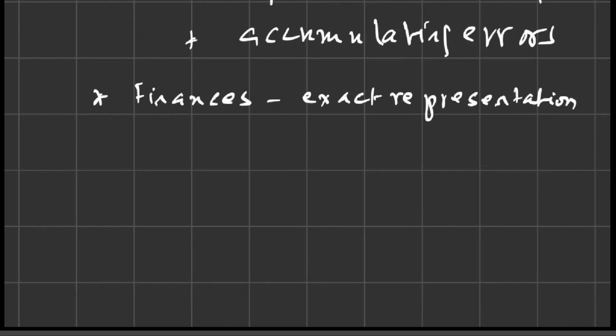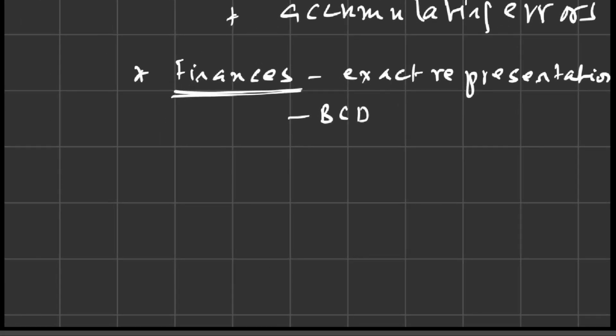Then we use the BCD system. The exact values are needed to avoid any accumulating errors, for values related to finances. For that, we use the BCD system, and it lets us represent each digit separately.